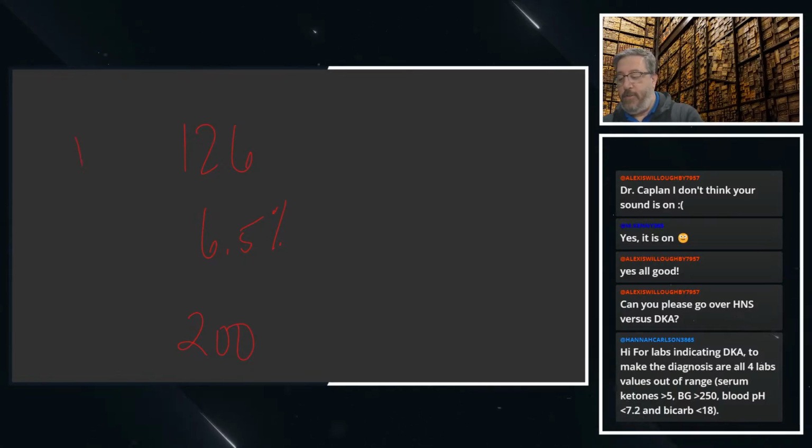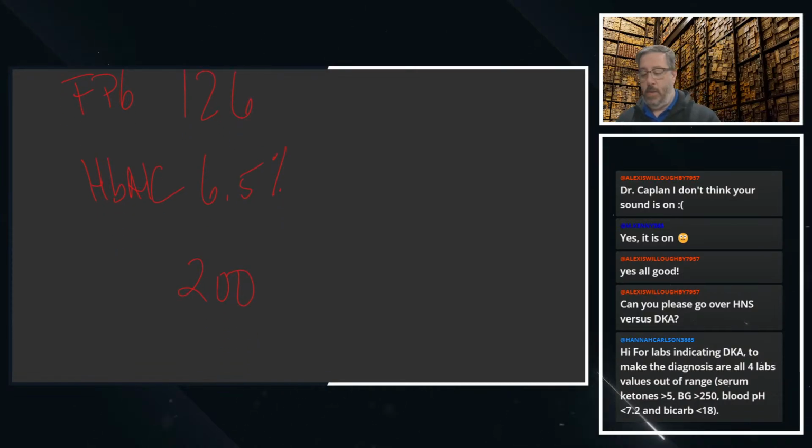So this is your fasting plasma glucose, hemoglobin A1C, random plasma glucose, meaning they're having symptoms of diabetes and you do a random check and they're 200.